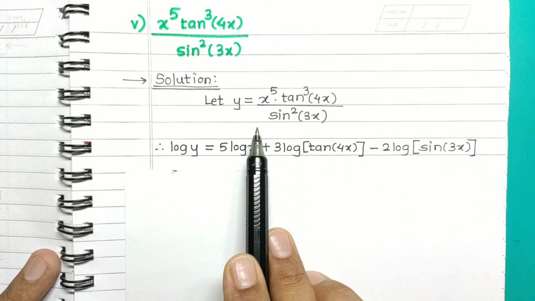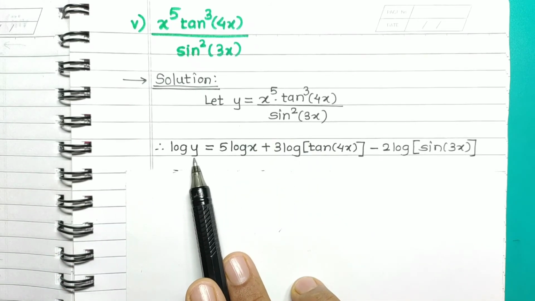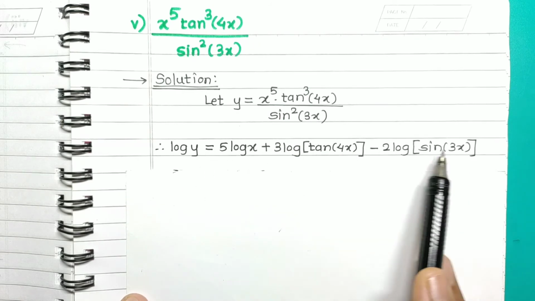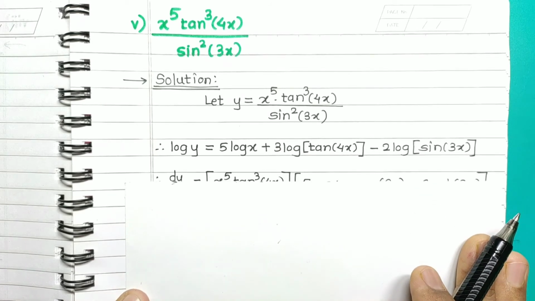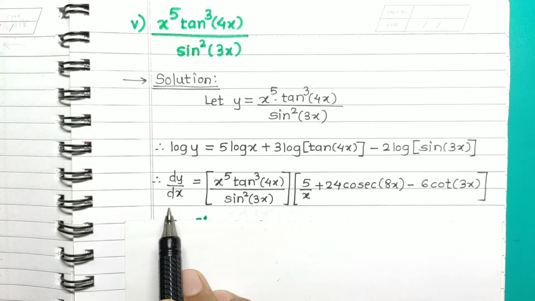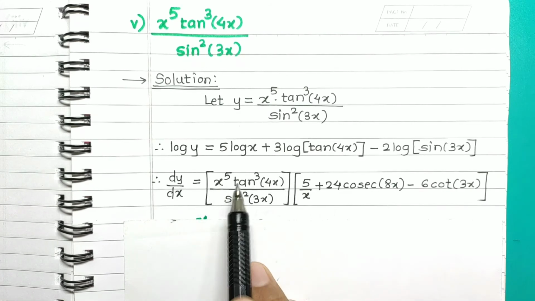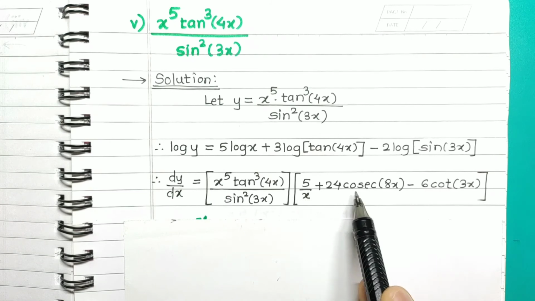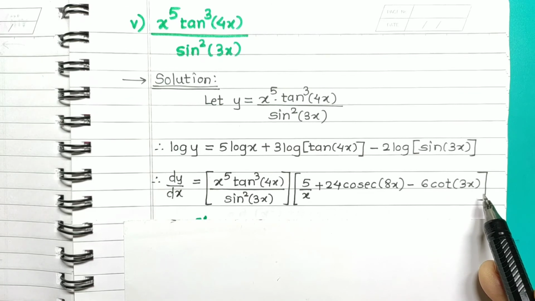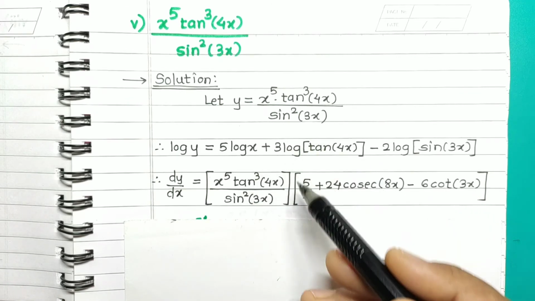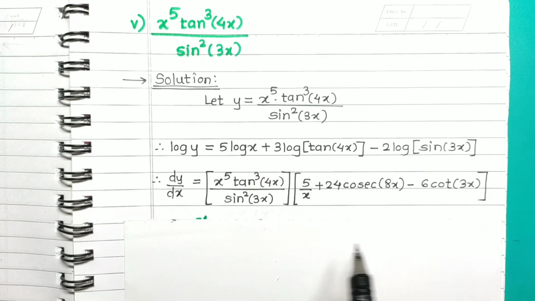With the help of the laws of logarithms you can simplify this function, and at this step you differentiate with respect to x and you will get the final required derivative dy by dx as the given function into 5 by x plus 24 into cosec of 8x minus 6 into cot of 3x. The in-between steps you do on your own, and try to reach this answer.